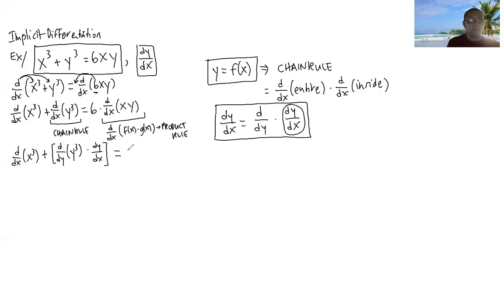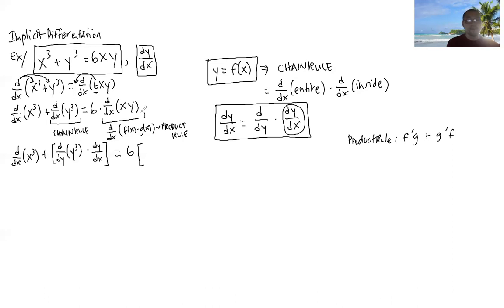Is equal to, now let's do the right-hand side, 6 times product rule, okay? Product rule, if you don't remember, is f prime g plus g prime f, with f prime and g prime being the derivative of function f of x, g prime is the derivative of function g of x, and f and g are just the original f of x and g of x functions. Right?